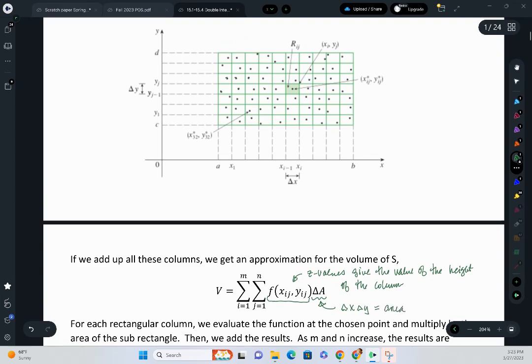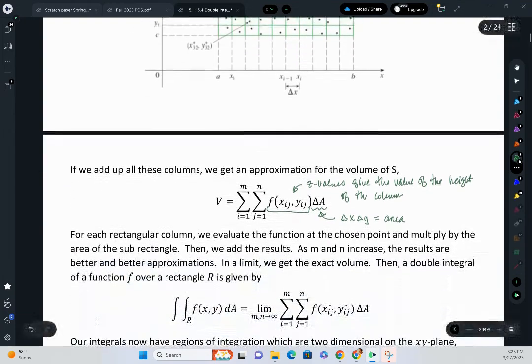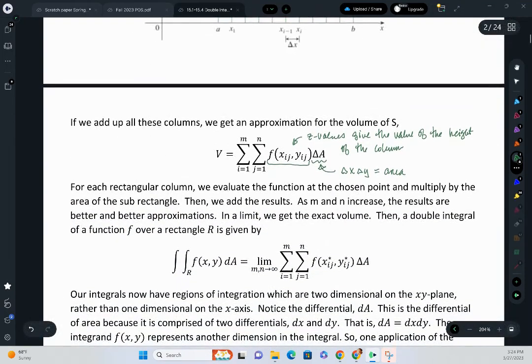So if we have an area of the base times the height of the column, that's going to give us a volume. And we're going to have an infinite number of those, and we're going to add them all up. And then we're going to take a limit on that. Basically the limit is being taken on the number of rectangles that we create. We want there to be an infinite number of those. So if we take the limit on that double sum, we're going to get a double integral. And that is what we're going to focus on.